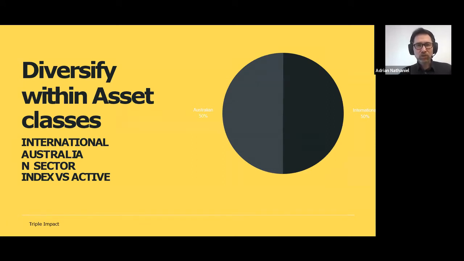Now, the other thing to consider is to further diversify within the asset classes as well. What I mean by that is that even within shares, you can diversify even further by choosing across international or Australian.